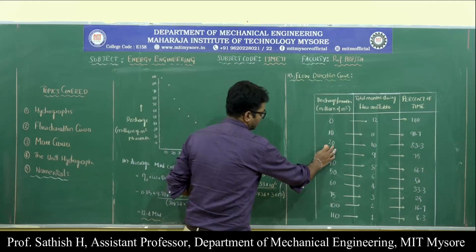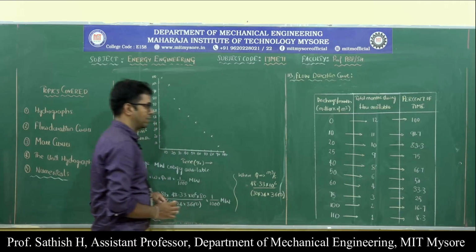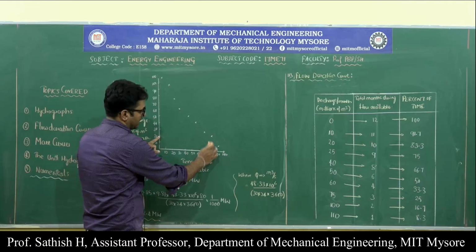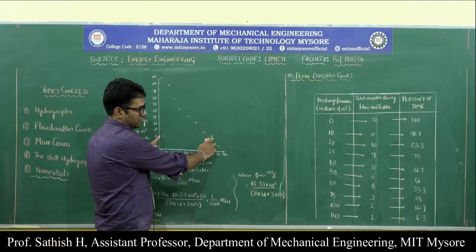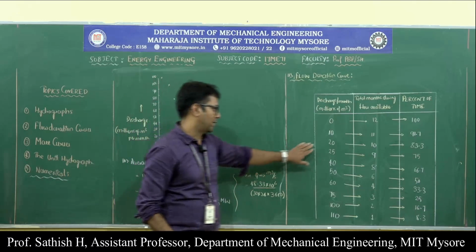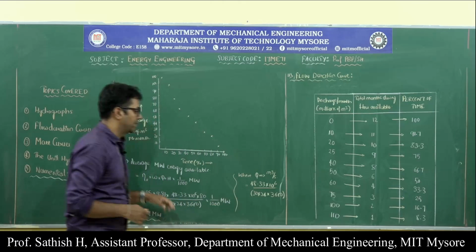Similarly the third point is 20 millions of meter cube discharge, available for 83.3% of time. In a similar way you have to plot all these points: 25, 40, 50, 60, 75, and then the last points.